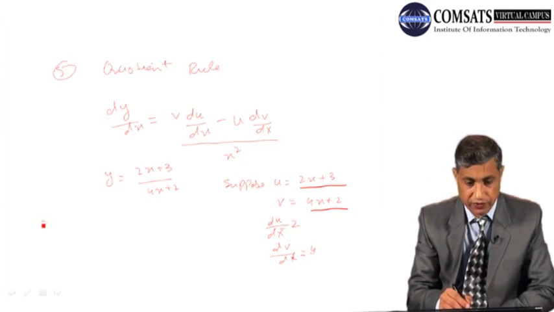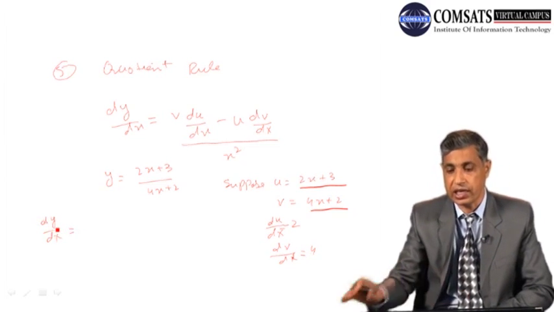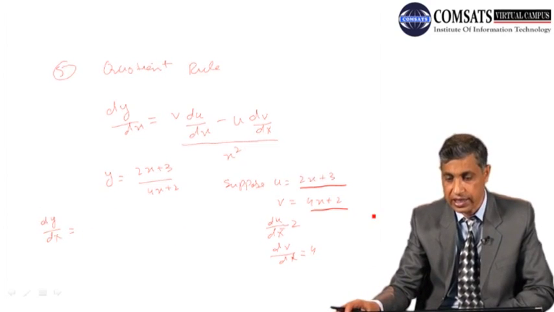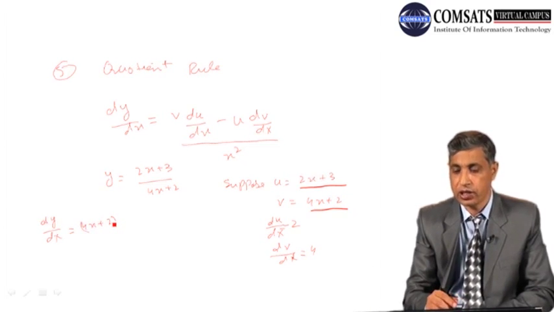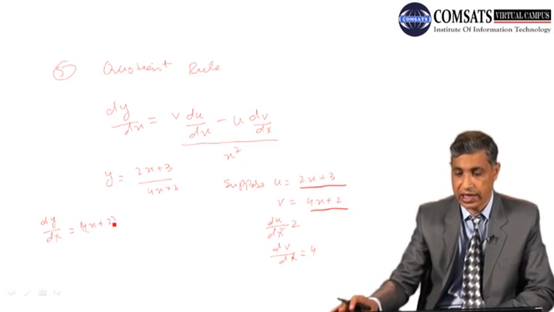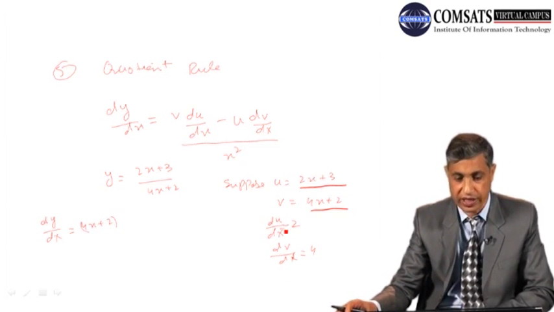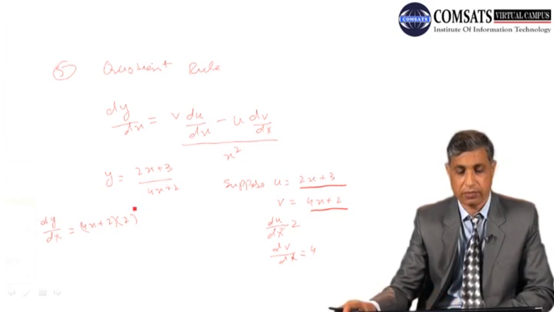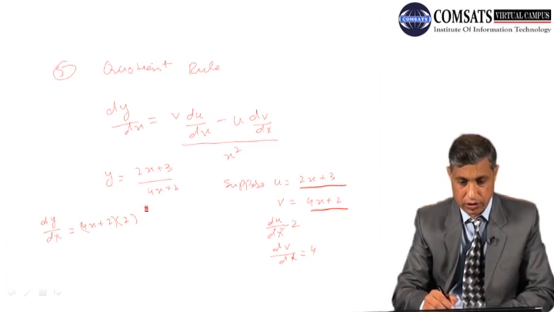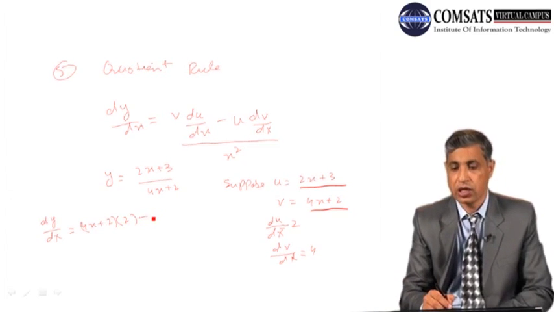So dy over dx will be equal to, first write the v. We have the value of v here, 4x plus 2, multiplied by du over dx, and this is the value of du over dx, which is 2. This is the minus, so minus.